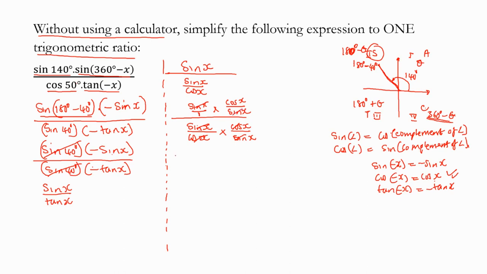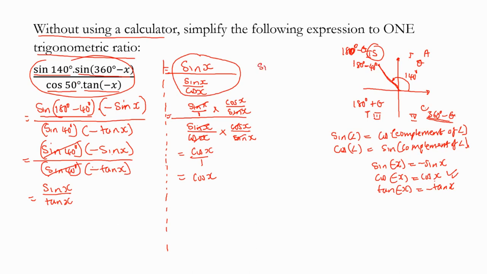So we remain with cos x over 1, which is equal to cos x. Okay, so you could also put your equal sign everywhere here, saying this expression is equal to this, is equal to this, is equal to this.